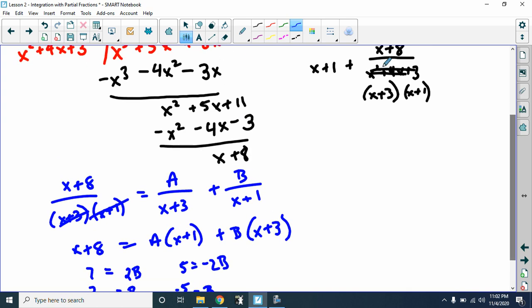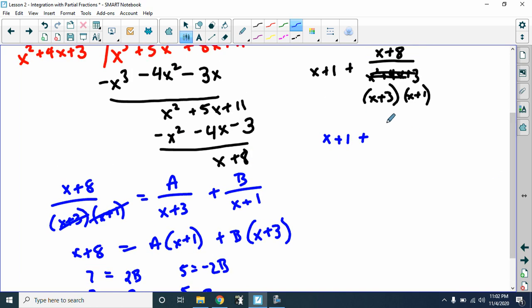So I can rewrite this whole thing right here as x plus 1 plus a over x plus 3, and a is 7/2, minus b over x plus 1.